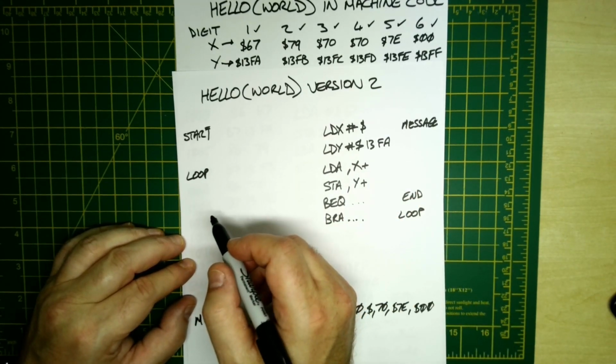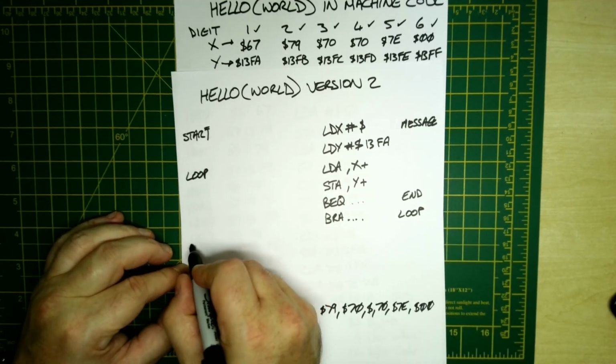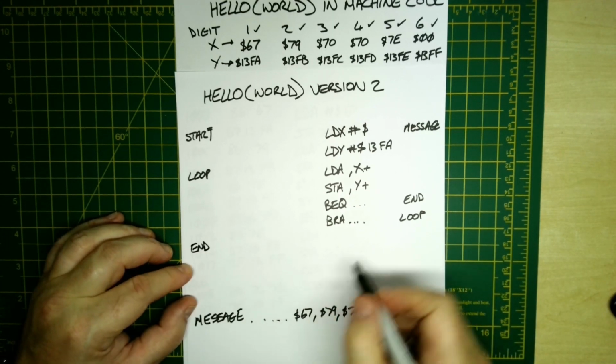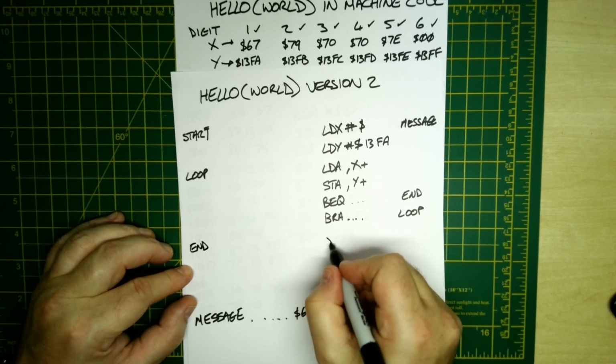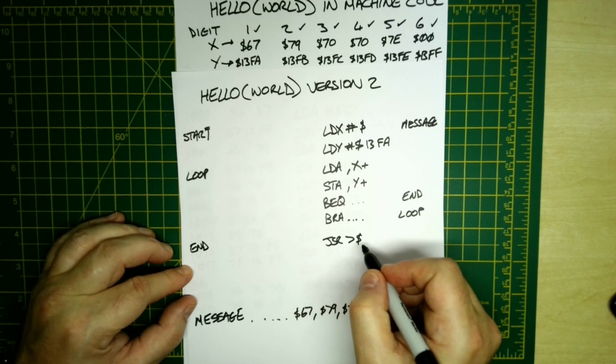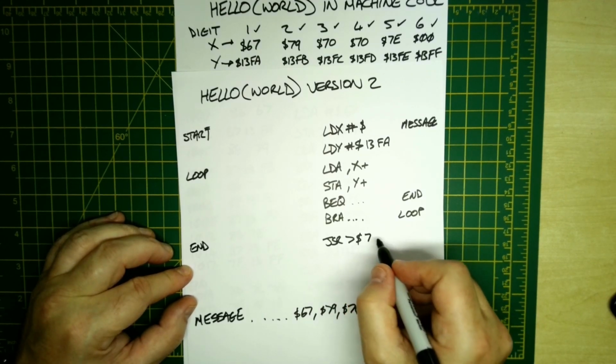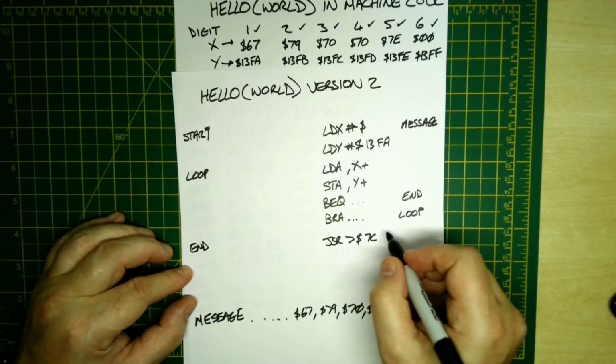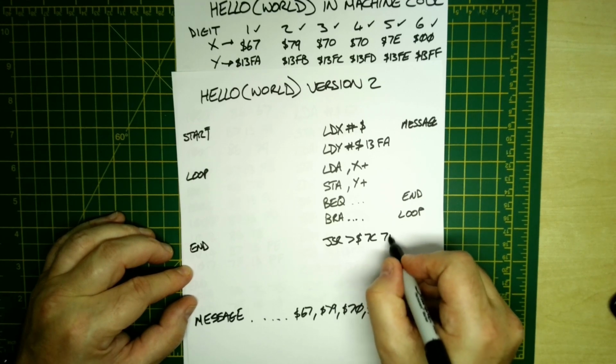So then our next bit now is the end, outside the loop. What that's going to do is jump subroutine, and to that we're going to be calling the address immediately after. So 7C, 7B.